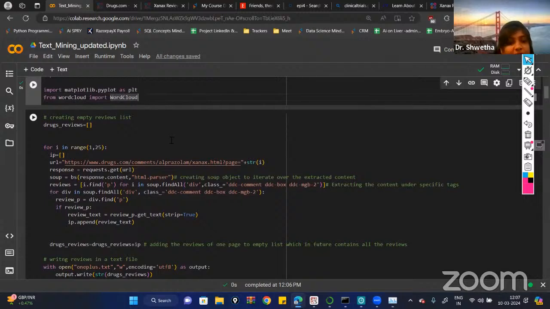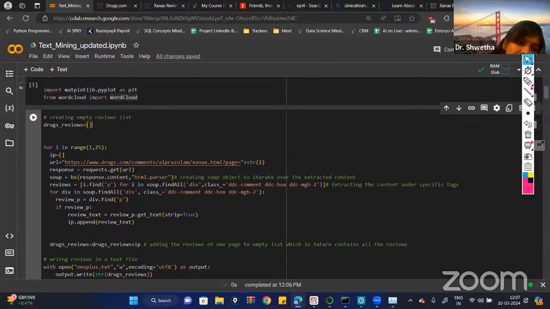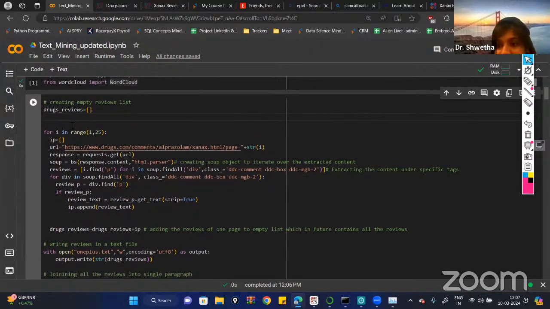Now, the later part of the code we are writing is for scraping the data from that website. drug_reviews equals square brackets. This means we are creating an empty list called drug_reviews. After creating this empty list, we are starting a for loop: for i in range(1, 25).